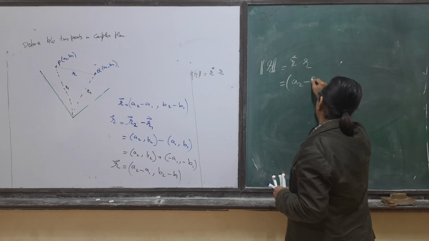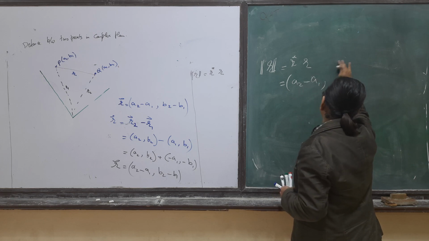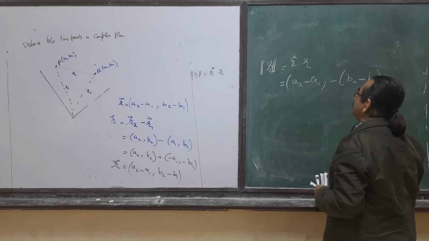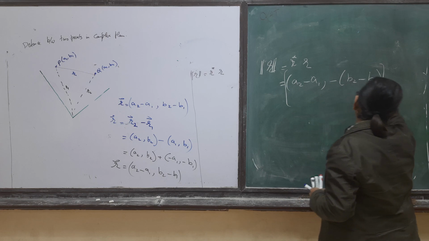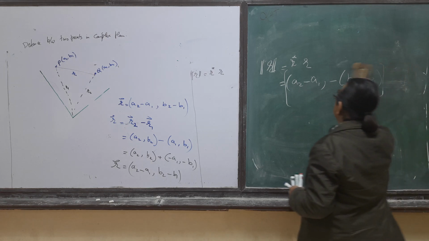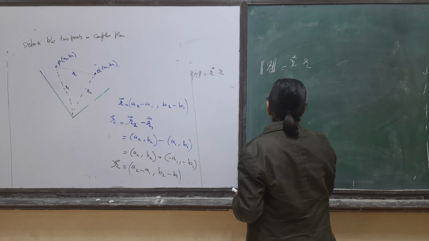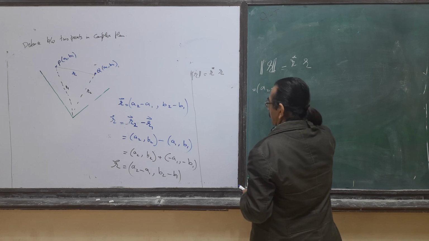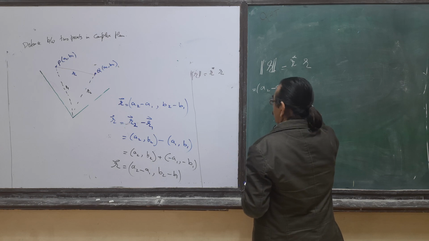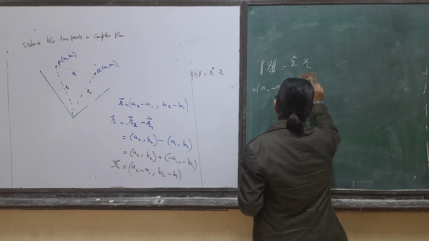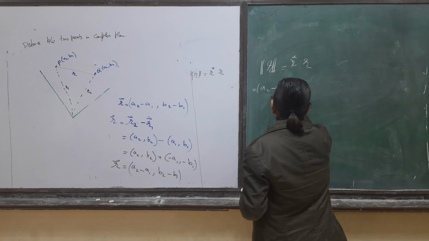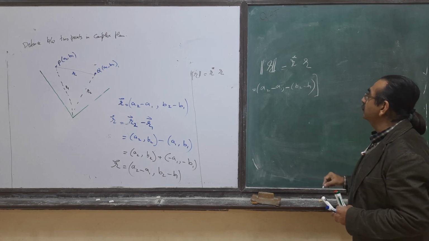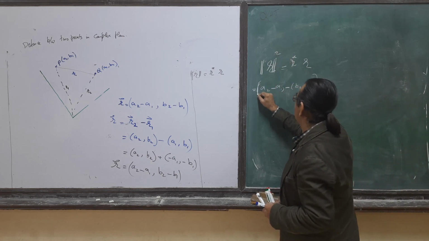A2 minus A1 minus B2 minus B1, multiplied by A2 minus A1 minus B2 minus B1. Yes, you are right.